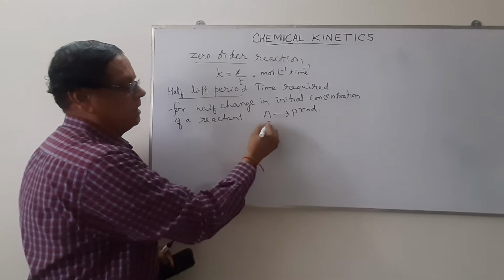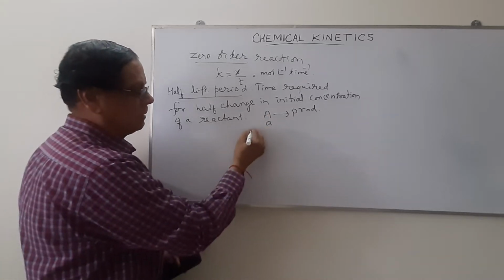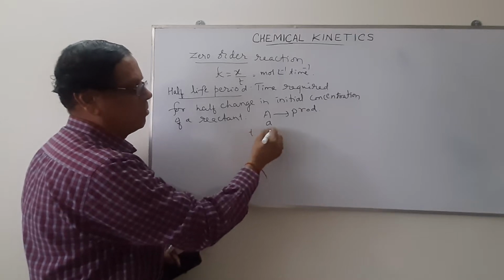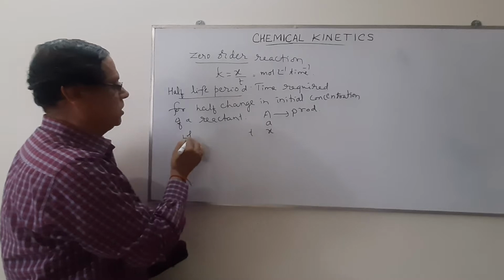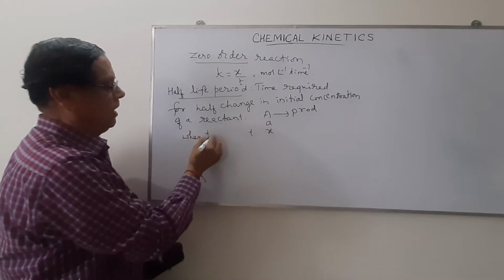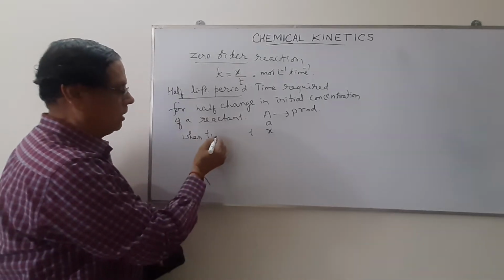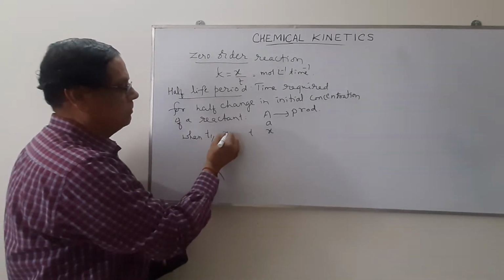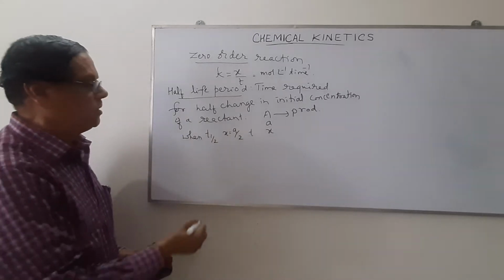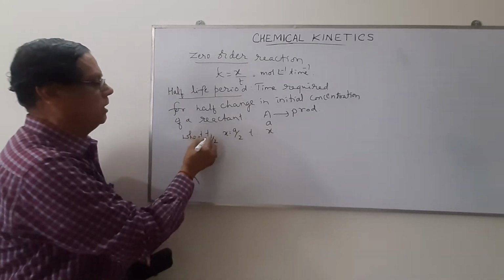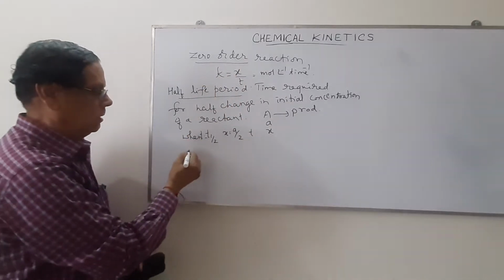Then if A is the initial concentration, and at a particular time interval X is the amount of reactant converted to product. When T becomes T half, that is the half-life period, then X will become equal to half of the initial concentration. Substitute T is equal to T half and X is equal to A by 2 in this expression.